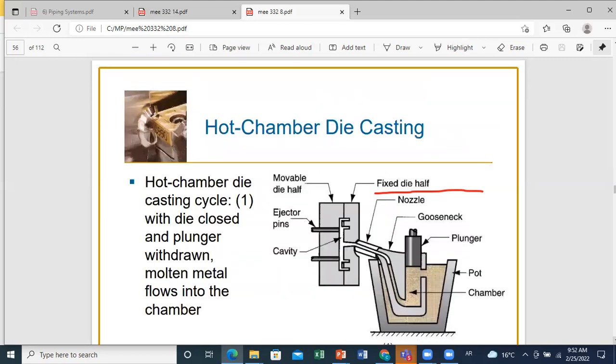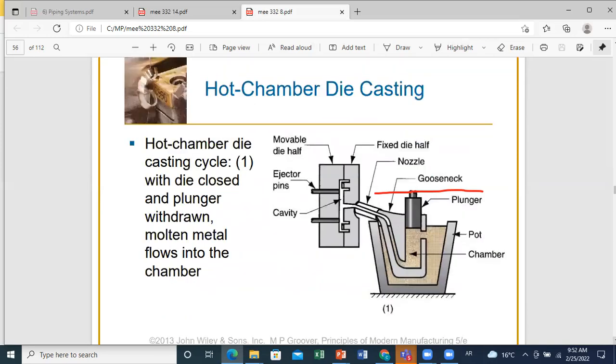So here we illustrate how hot chamber die casting is performed. In the first step, with the die closed and plunger withdrawn, molten metal will flow into the chamber. As you can see in the first step, we just fill the molten metal into our chamber.